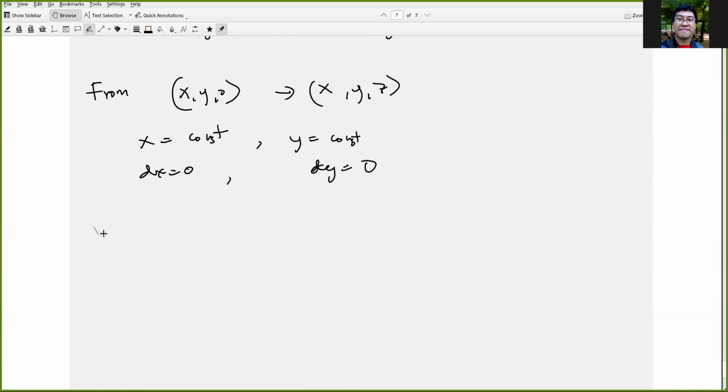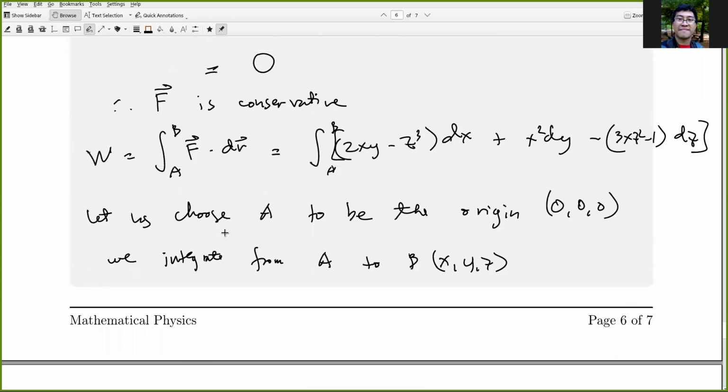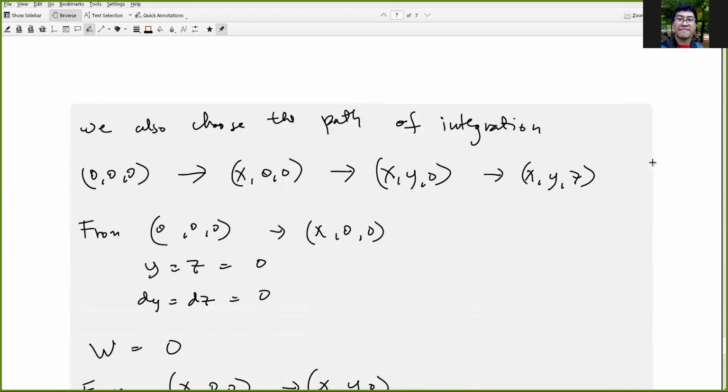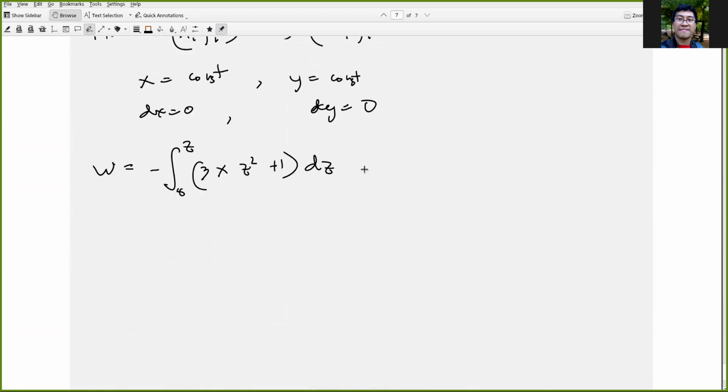So w would be equal to the integration with limits 0 to z. Let's put the negative here: 3xz squared plus 1 dz. x is a constant. So the integral of this would be negative, x z cubed plus z.